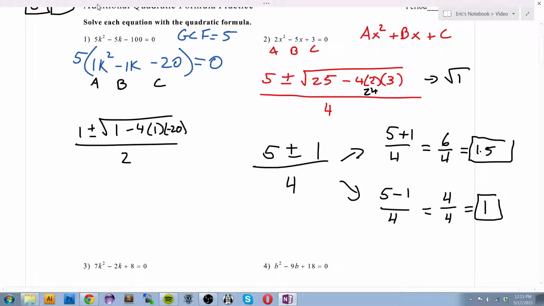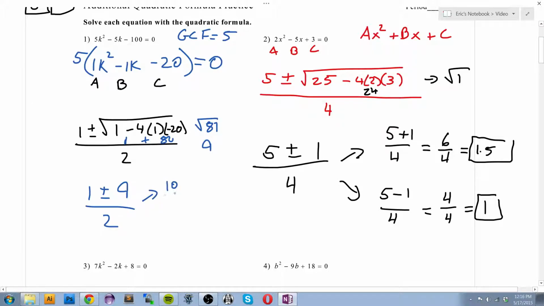Now it's time to simplify what's underneath our square root. Negative 4 times 1 is negative 4, times negative 20 would be 80. So if we do 1 plus 80, we get the square root of 81, which ends up giving us a 9. So 1 plus or minus 9 over 2.